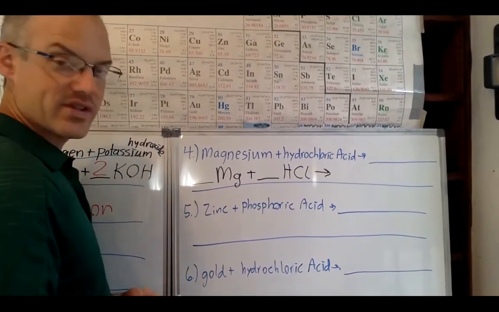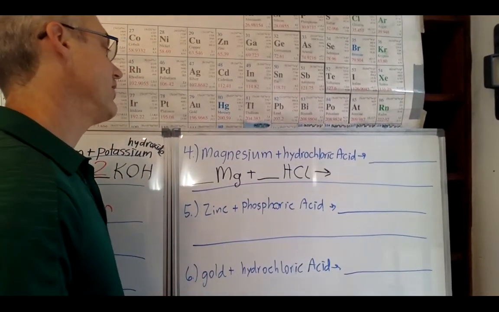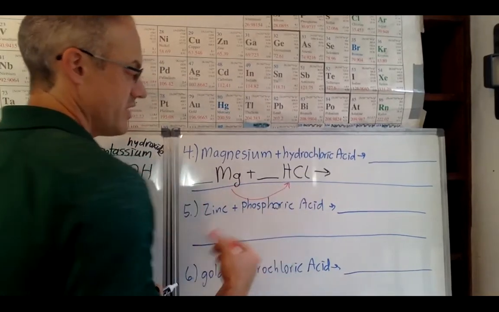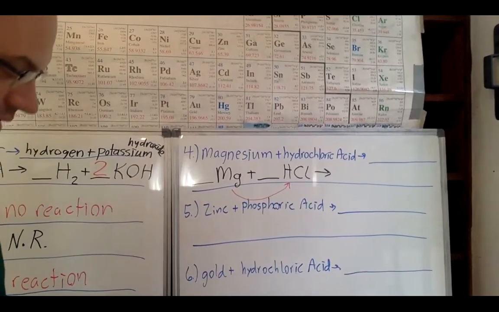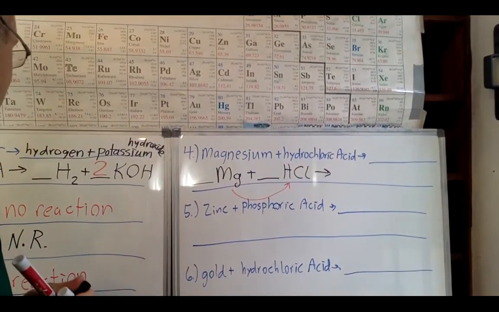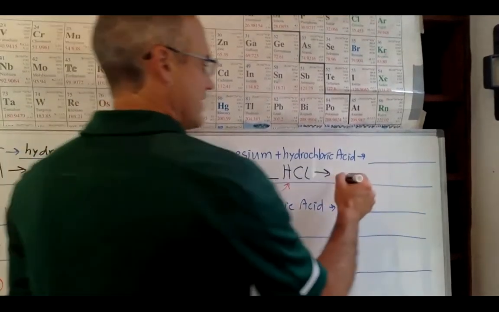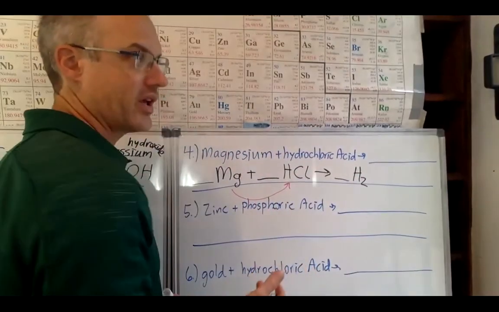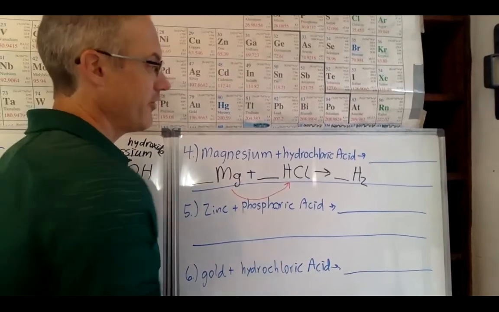Now, what's trying to happen here is the magnesium is going to be more reactive than the H. So it's going to kick the hydrogen out, much like our reaction earlier with water. So you'll end up with H2. Again, it's got to be H2. It can't just be a hydrogen by itself.